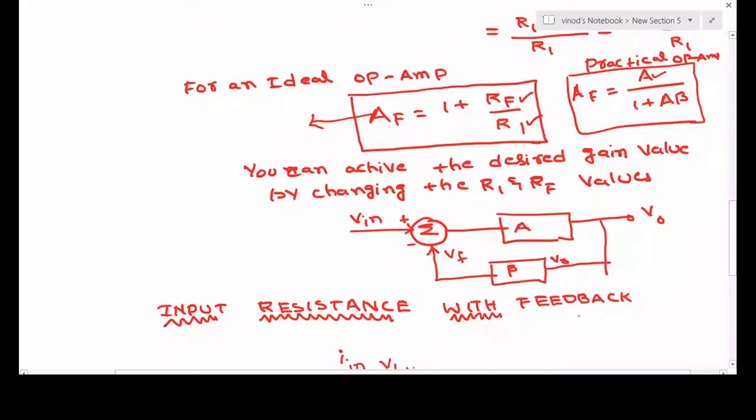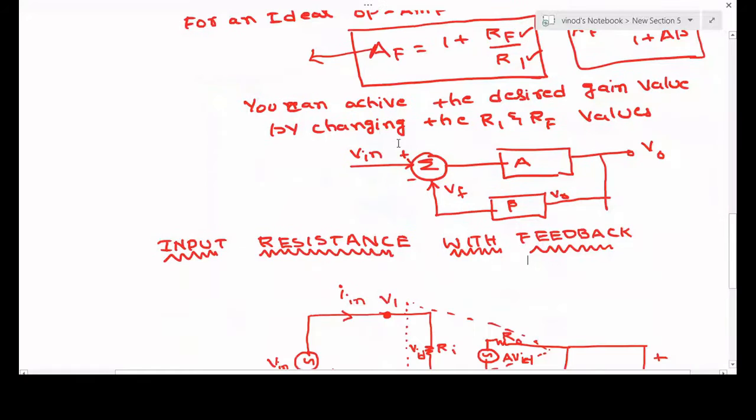Now we have seen the closed loop voltage gain of the op amp with feedback for a practical op amp, whereas for an ideal op amp. Now we will see the input resistance with feedback.